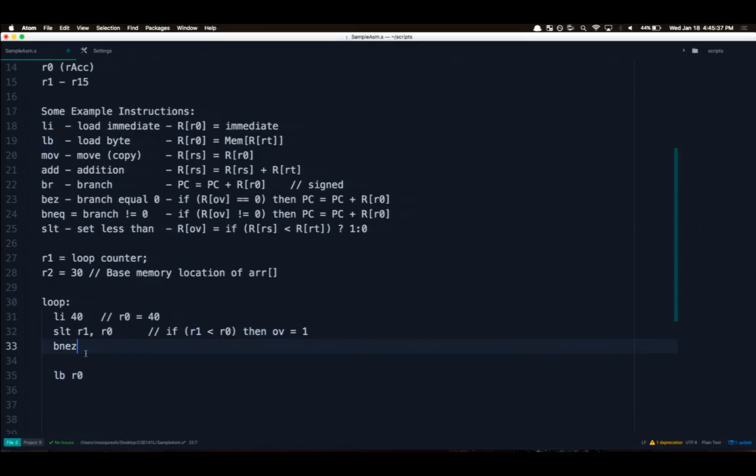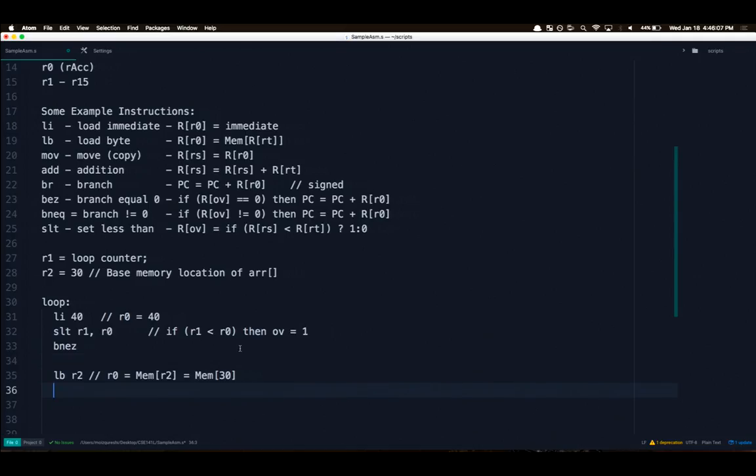I actually have a mistake. It's R2, actually. Because what that means is R0 is equal to mem R2, which is the same thing as mem 30. That's what I mean by that. So that's going to get the value.